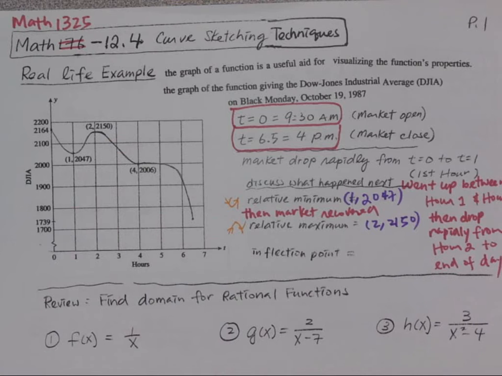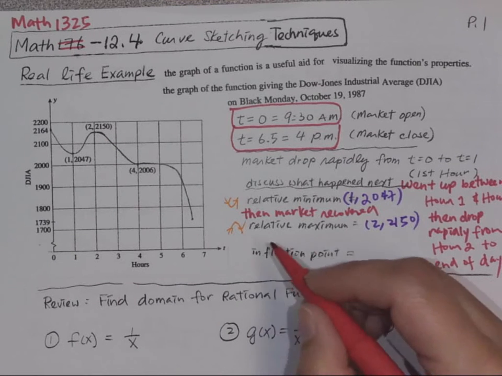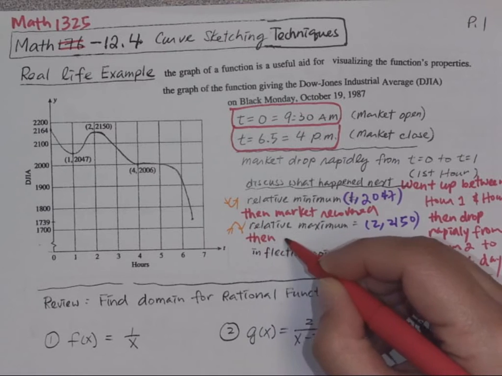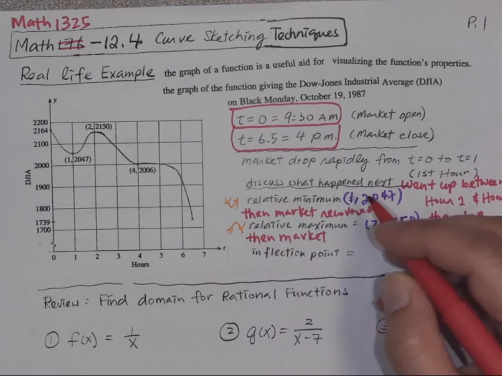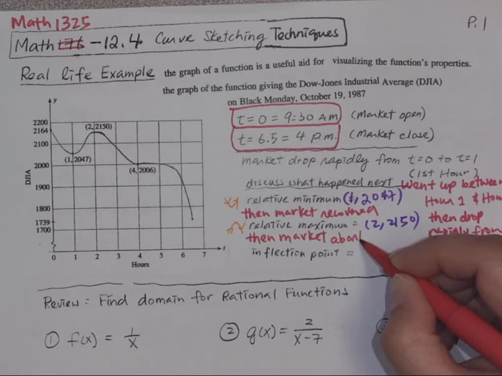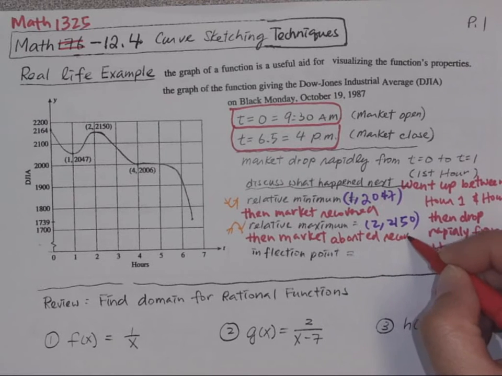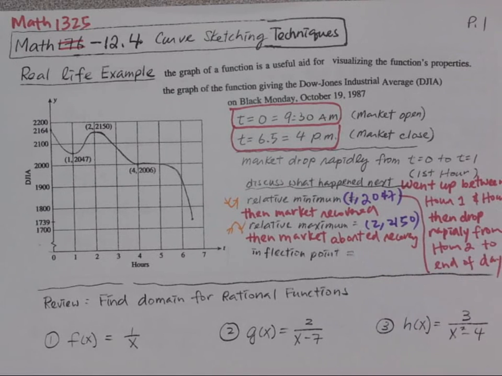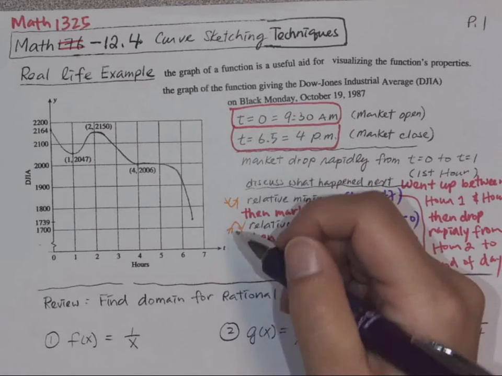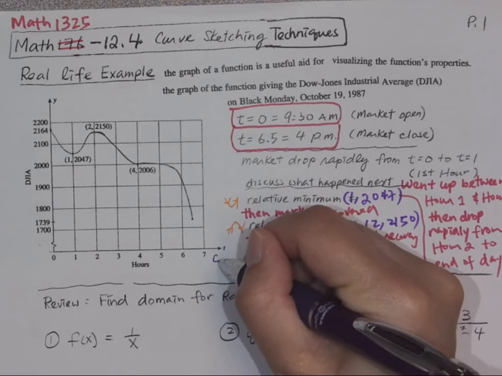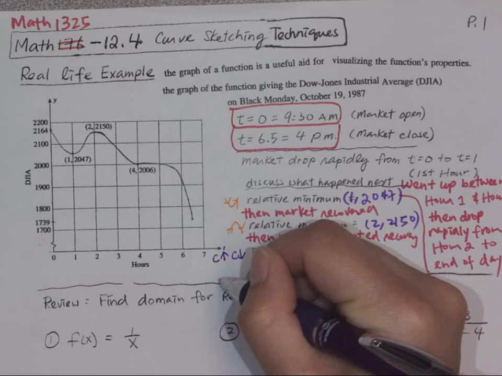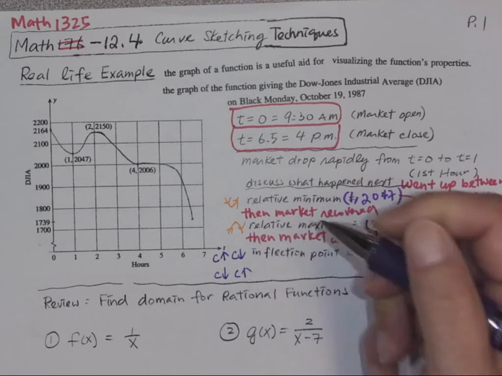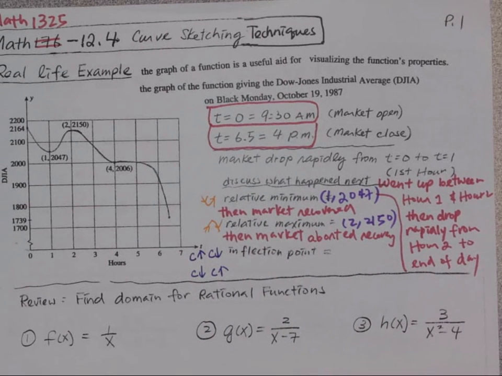And after that, apparently the market aborted the recovery. And do we have an inflection point? Hopefully you remember what an inflection point is, which means you change from concave up to concave down, or concave down back to concave up. So whenever you change the concavity, you have an inflection point.